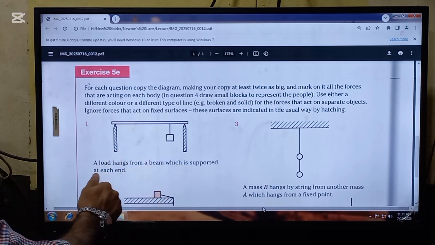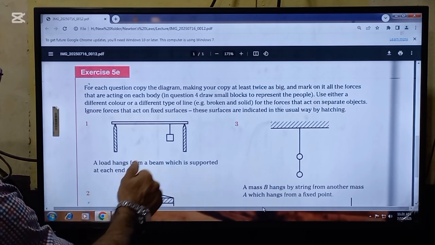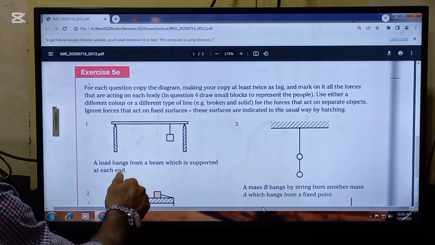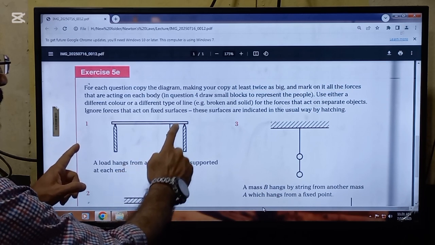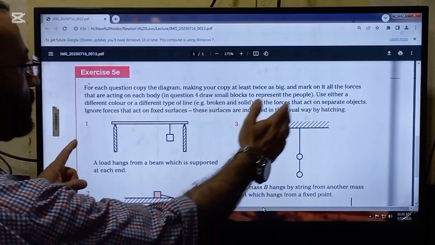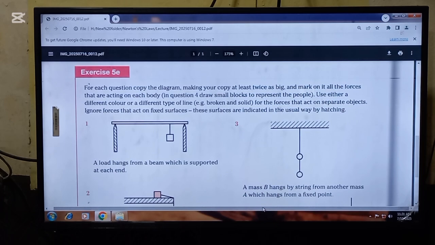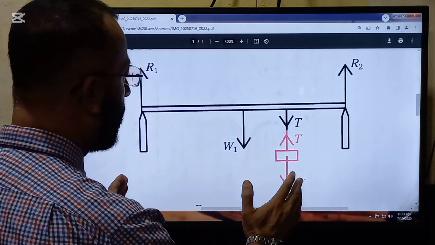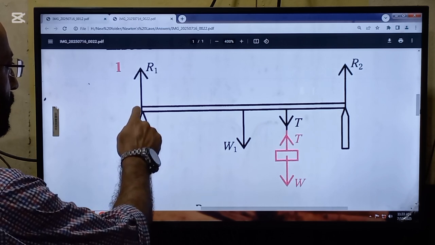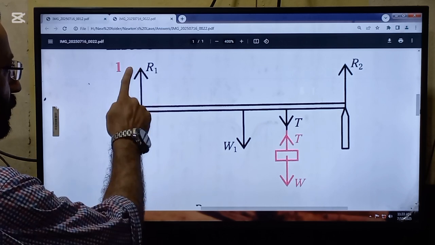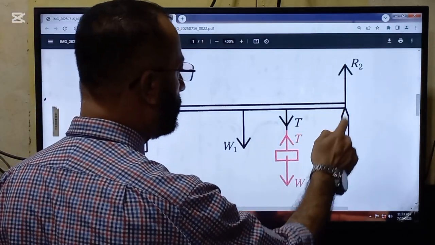A load hanging from a beam which is supported at each end. So this is a load which is hanging from a beam. It is required that we mark all the forces that are acting on each body. So concentrate now. Here are all the forces. Look at this support: this will be the reaction of this support over here, and this will be the reaction of this support.